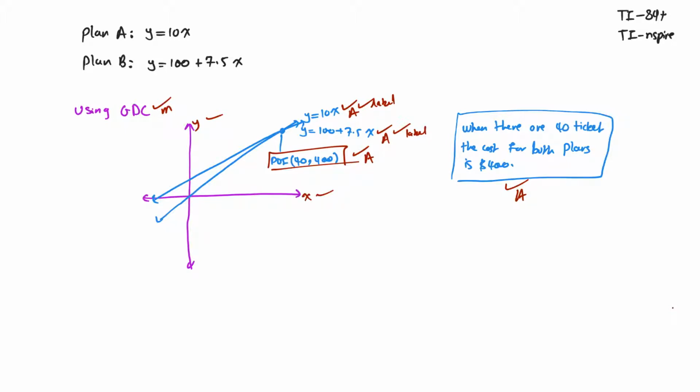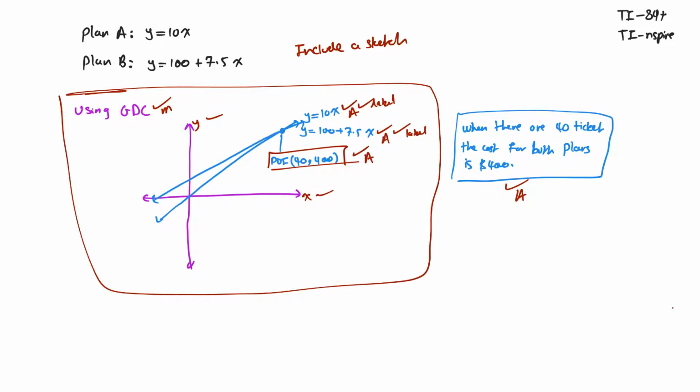So to really show your work of how you're solving the problem, you need to make sure that you include a sketch of the work. And the sketch here is this portion over here. So you need to include that sketch and then have a final concluding sentence.